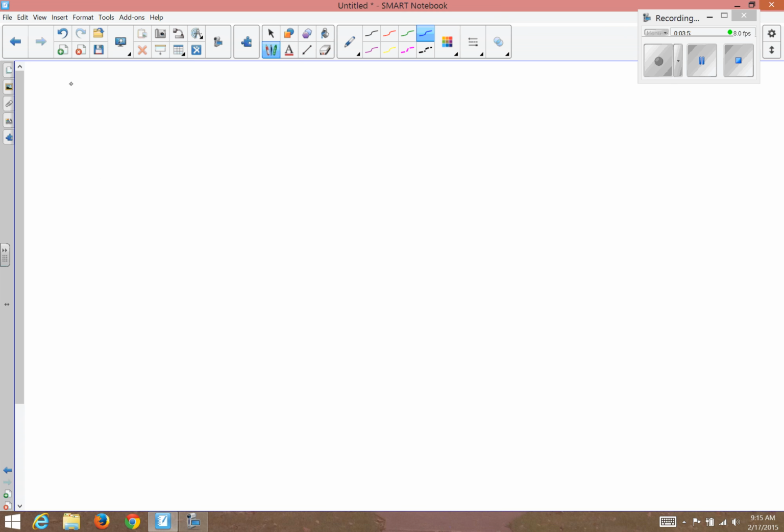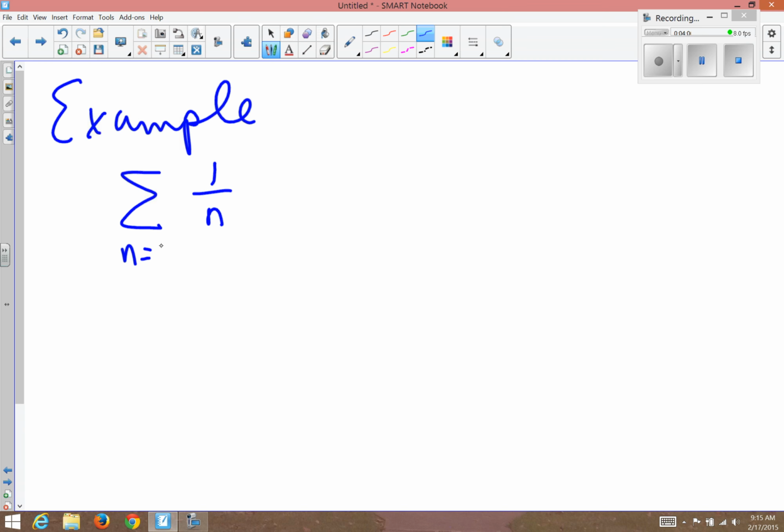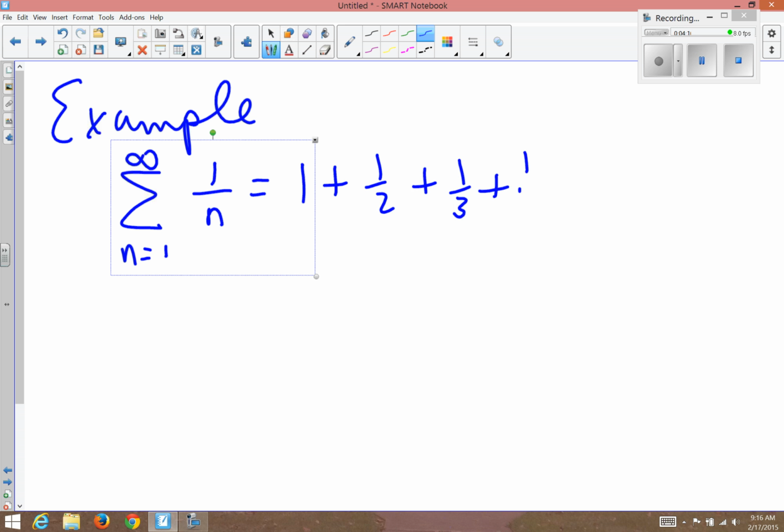Another example: sigma 1 over n, n starting at 1 and going to infinity, which is 1 over 1 plus 1 over 2 plus 1 over 3 plus 1 over 4 plus, and so on.